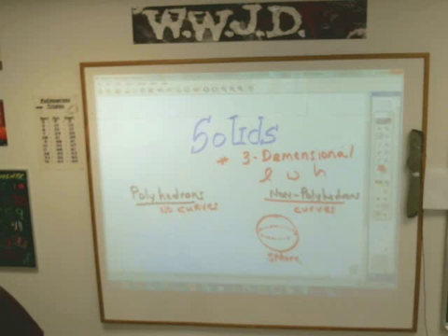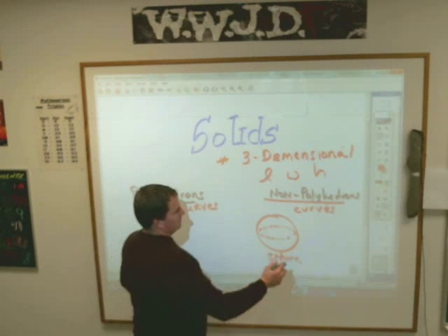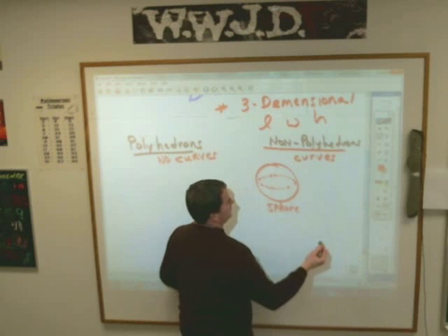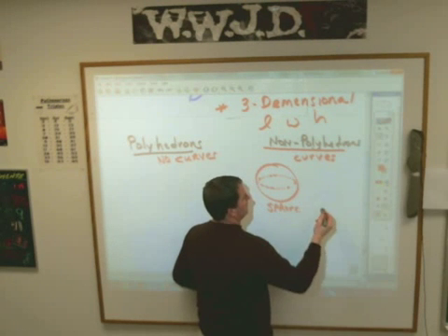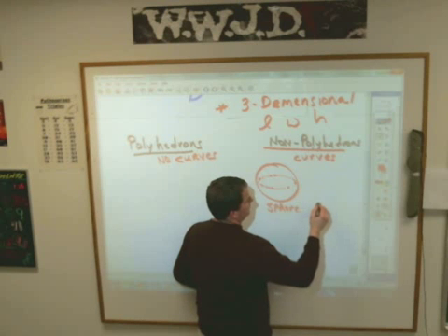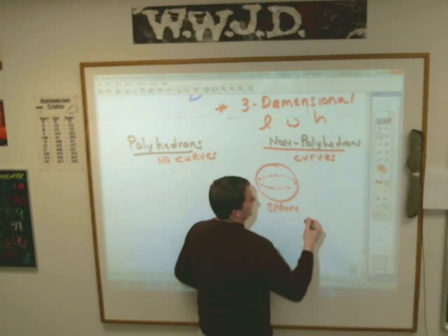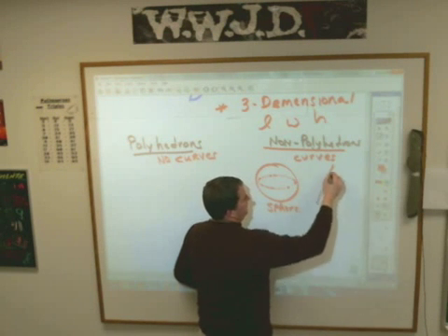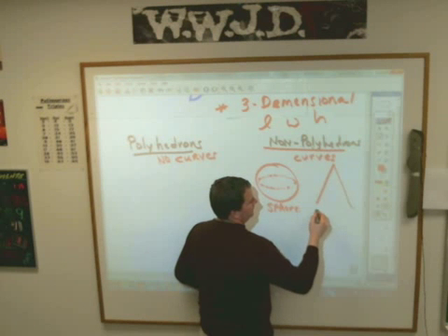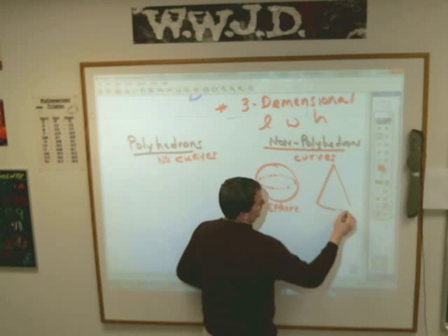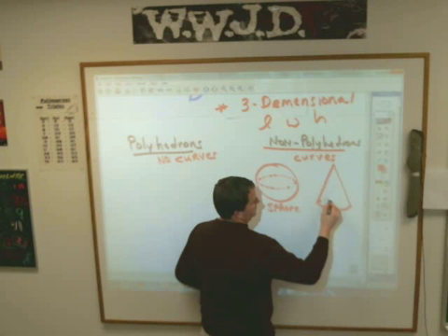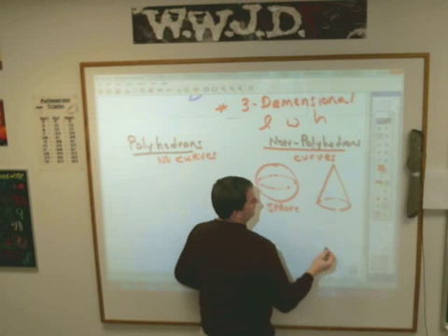Another curvy shape we have is a cone. The best way to draw a cone: draw the little pointy part, and then draw a circle here, and then a little dash circle behind it.